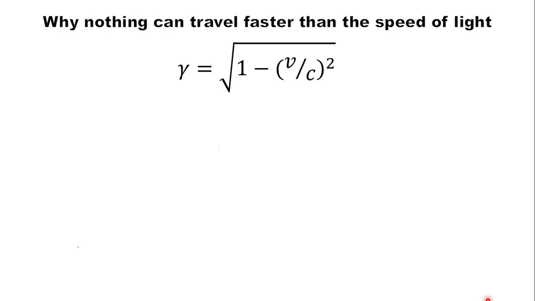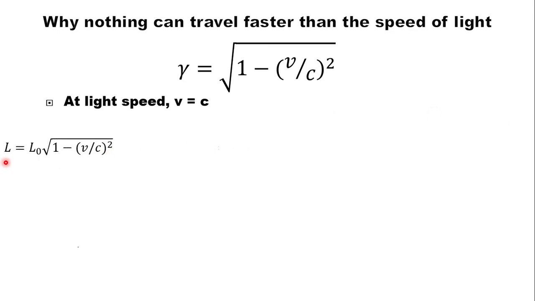Why can nothing travel faster than the speed of light? We've already seen this qualitatively because as the length contracts to 0, the time dilates to infinity and therefore stops, but we can see this mathematically. At light speed, the velocity of the object is equal to the speed of light. V is equal to c.